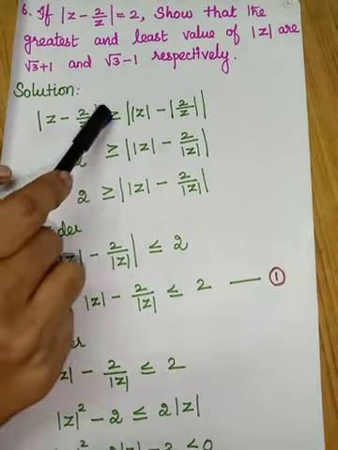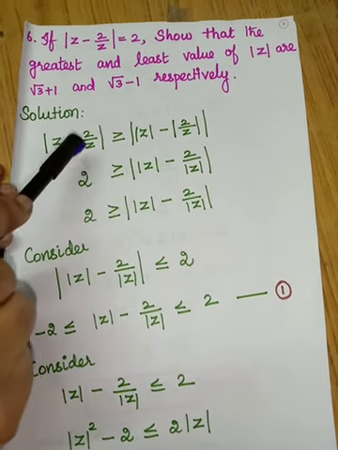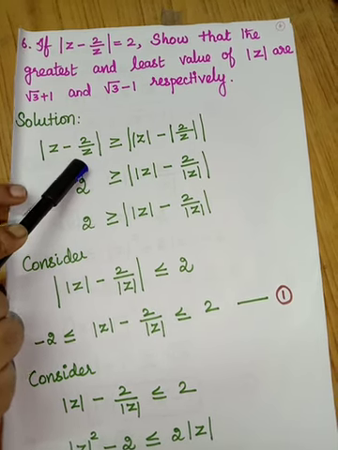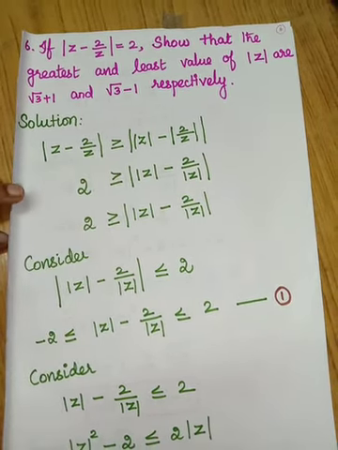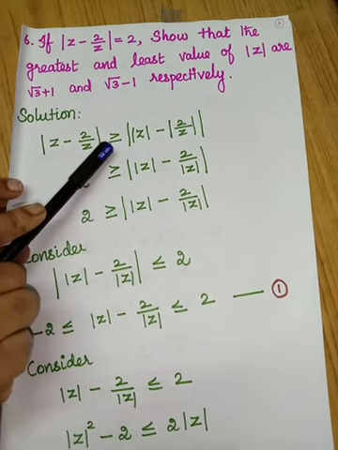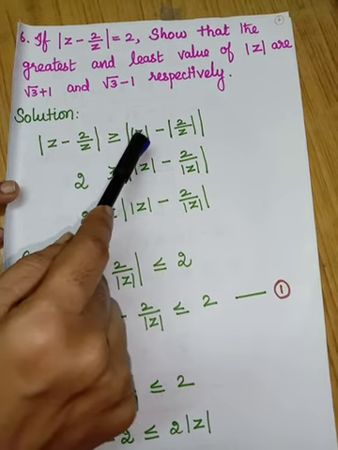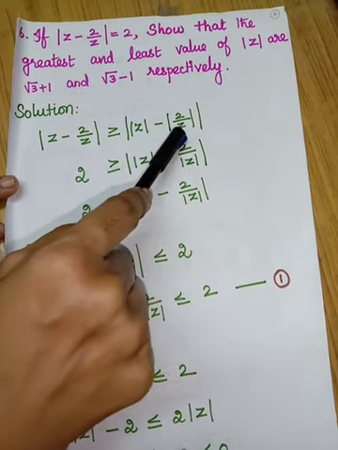Okay, so I'll consider this term, modulus of z minus 2 by z. I have taken the formula's second and third term, which is greater than or equal to modulus of z minus modulus of 2 by z.